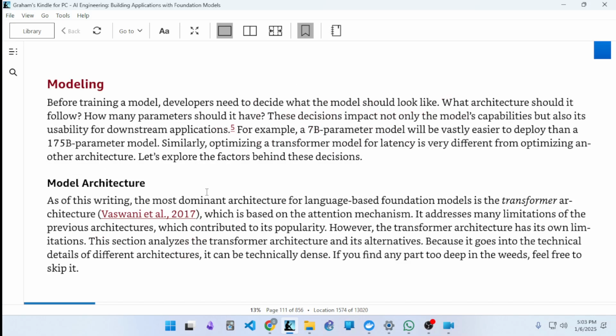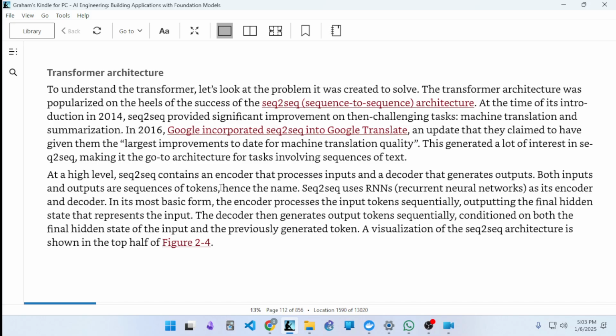All right, so this is transformer architecture. To understand the transformer, let's look at the problem it was created to solve. The transformer architecture was popularized on the heels of the success of the seq2seq, sequence to sequence, architecture. At the time of its introduction in 2014, less than 10 years ago, seq2seq provided significant improvement on then-challenging tasks, machine translation and summarization.